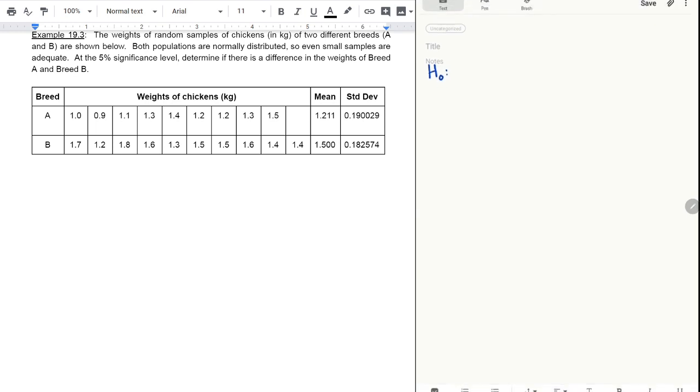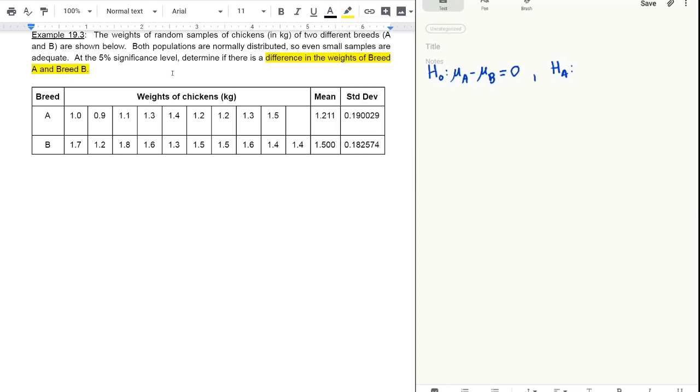For the null hypothesis, we will look at the difference between the two population means. We'll call them mu sub A minus mu sub B. And we assume that there is no difference. Okay, so mu sub A minus mu sub B is equal to 0. The alternative hypothesis, well, we're looking at testing if there is any difference in the weights between the two different breeds.